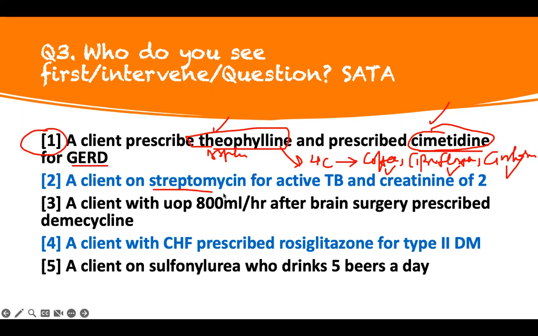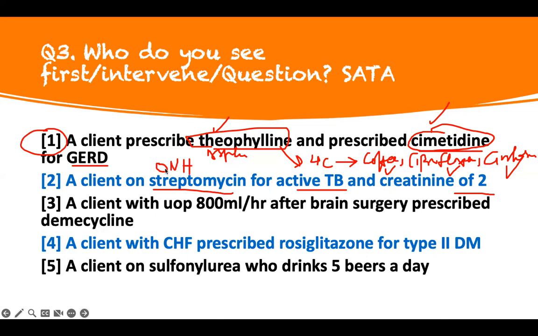A client on streptomycin for active TB and a creatinine of 2. What are the side effects of streptomycin? Think about it. Divide the question into 2. What do I need to know about streptomycin? It causes ototoxicity, it causes nephrotoxicity, and it causes hepatotoxicity.